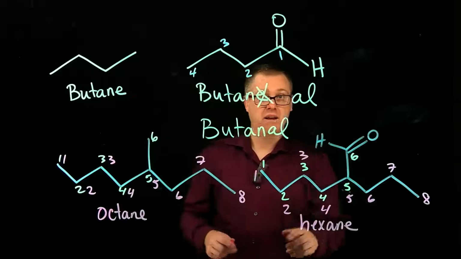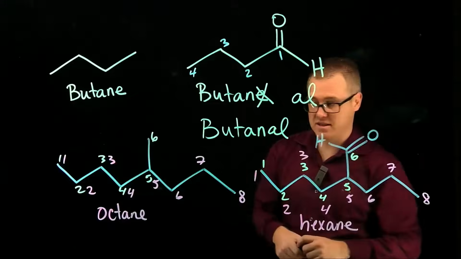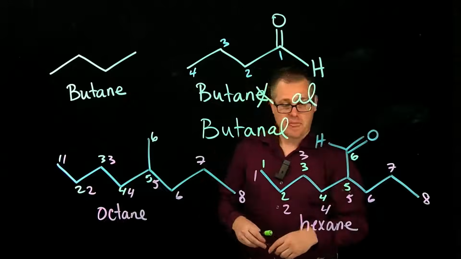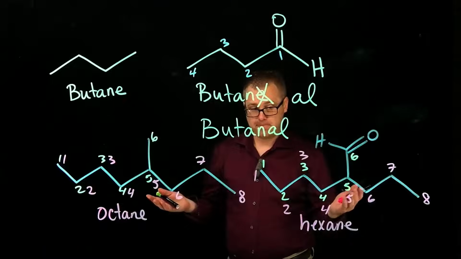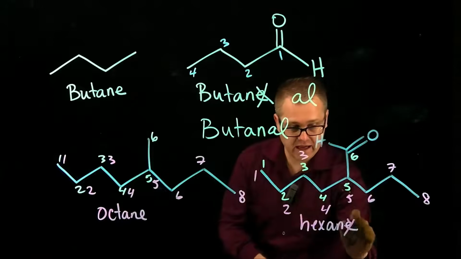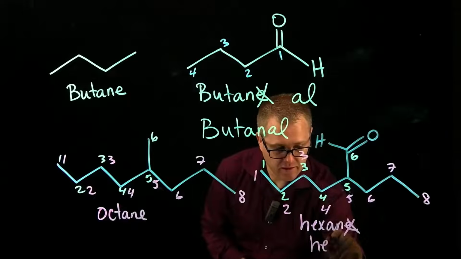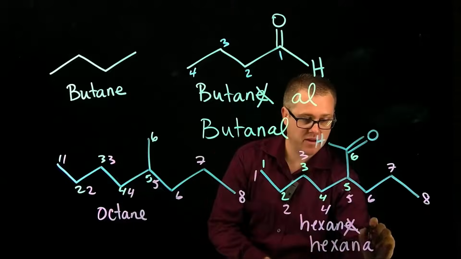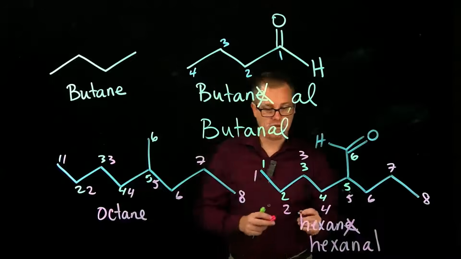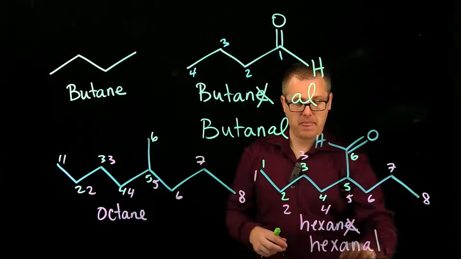So the longest carbon chain, including the carbonyl, is 6. So that's the longest chain, okay? Well, remember, we have to drop the E, and the parent name would be hexane. No E, we replace it with the al. So that right there is the parent name.